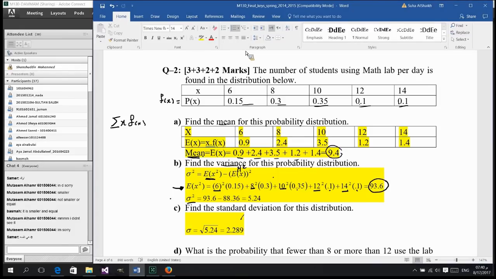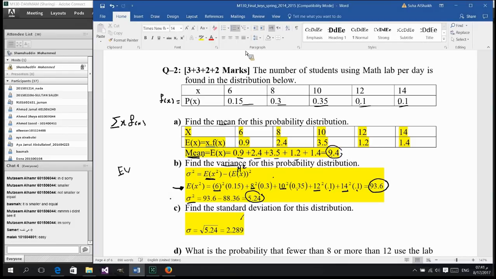Subtract mu square, meaning the square of 9.4. This will give you the result. Okay? It's the expectation of x squared, not the expectation of x here.